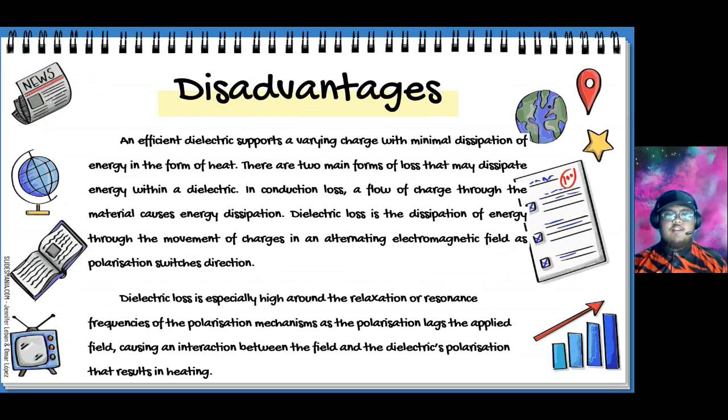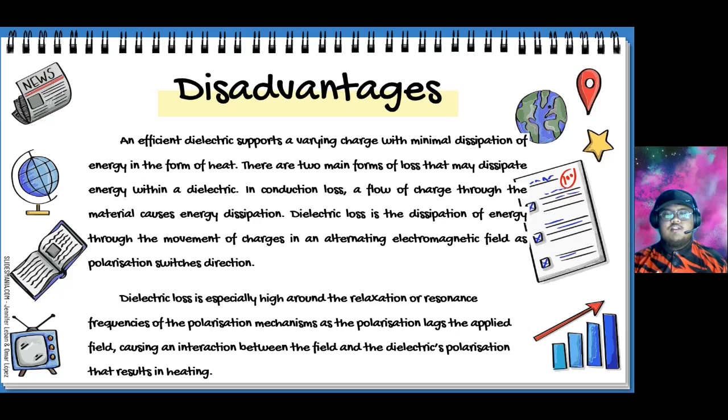For the disadvantage, an efficient dielectric supports a varied charge with minimal dissipation of energy in the form of heat. There are two forms of losses that may dissipate energy within a dielectric. The first, conduction loss, is the flowing of charge through the material, which causes energy dissipation.